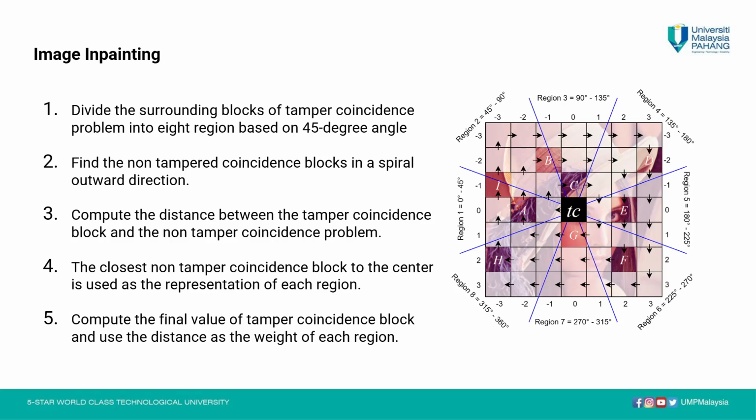Then we search the surrounding area which is not considered a tamper coincident problem, like this one, there are A, B, C, D, E, F, G. Then we can predict the value of the tamper coincident block based on the surrounding blocks which did not undergo a tamper coincident problem.